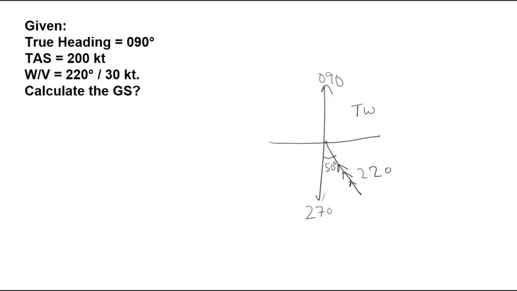So tailwind component will be cos 50 into 30 is equal to 0.64 into 30 is equal to approximately 19 knots.